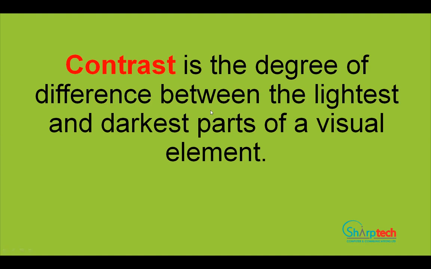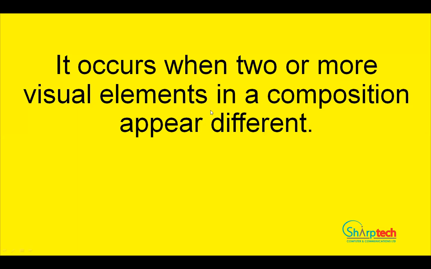You get the point? Yes. So that's why we are saying it occurs when two or more visual elements in a composition appear different. Assuming you have more than two elements, say three elements, because usually a composition must have very many visual elements.